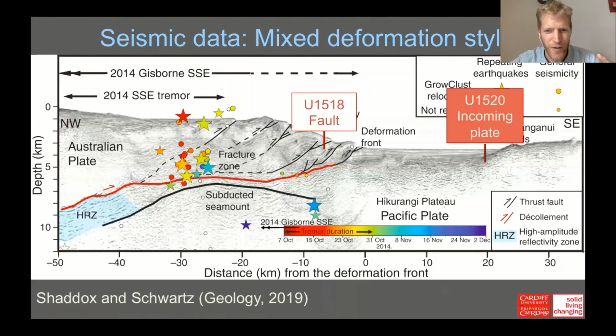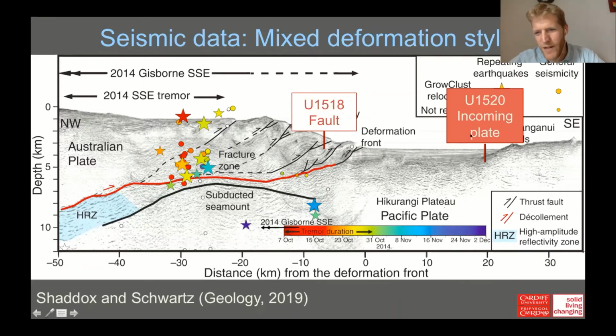Now, the problem with this set of observations is that they only come from these shallow faults. The second question is what happens further deeper down, which might be happening in rocks that are actually from the more crystalline basement of the incoming ocean floor.